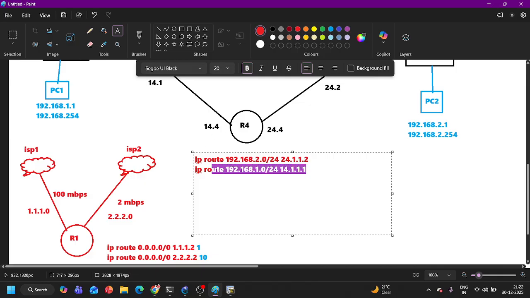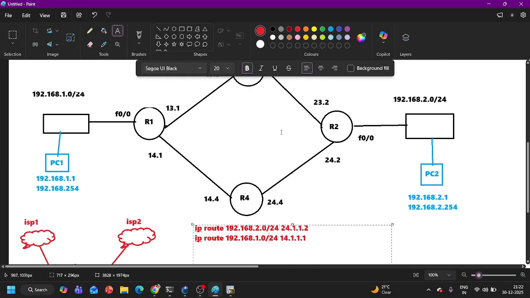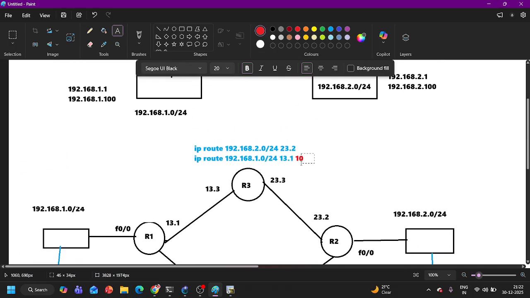It will have only one entry because these are two different prefixes. 2.0 is going to be this, and 1.0 is going to be this. Here also the same. We don't need AD values. Now, if I want load balancing or failover also, then I have to configure one more route.